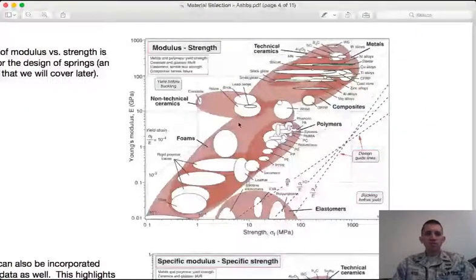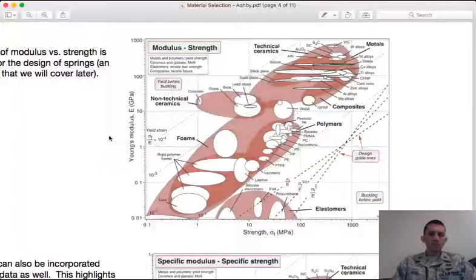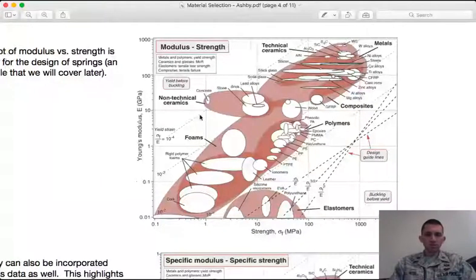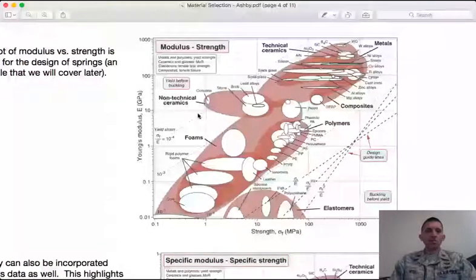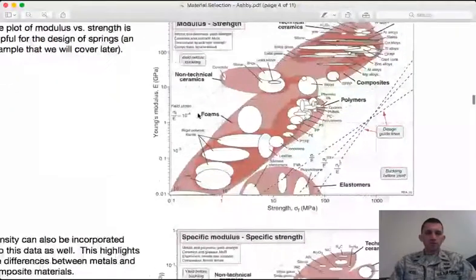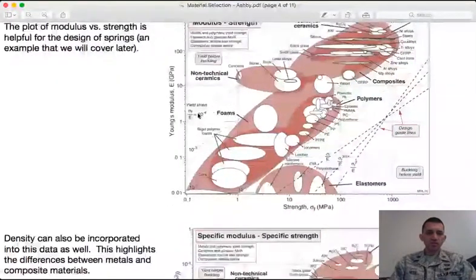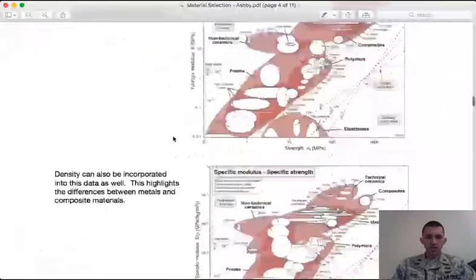It's not immediately intuitive. The reason for this will make more sense later in these notes as we look at some examples. We're going to use this plot of Young's modulus versus strength to talk about design for springs. So it can be very useful in that context.